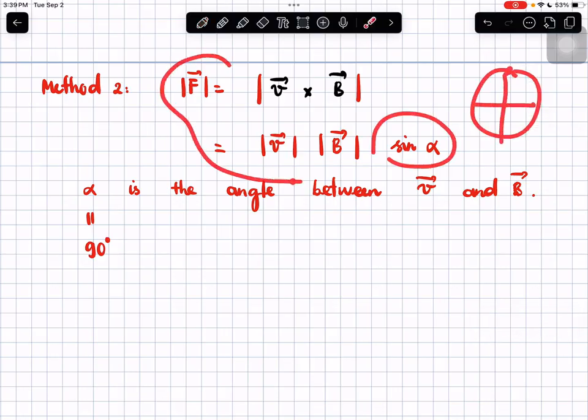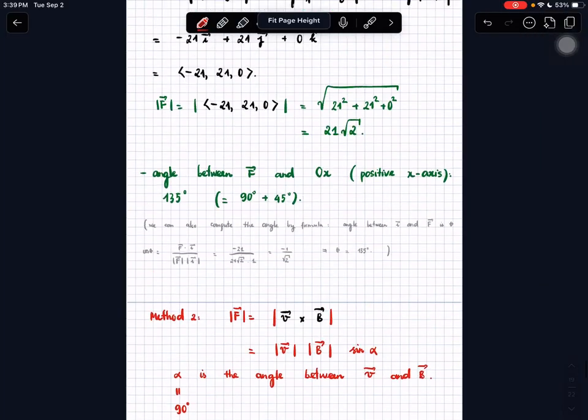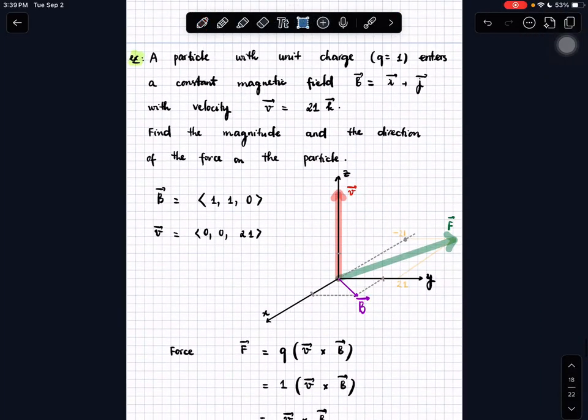So the magnitude of F is the length of V times the length of B. Let me copy V and B here.